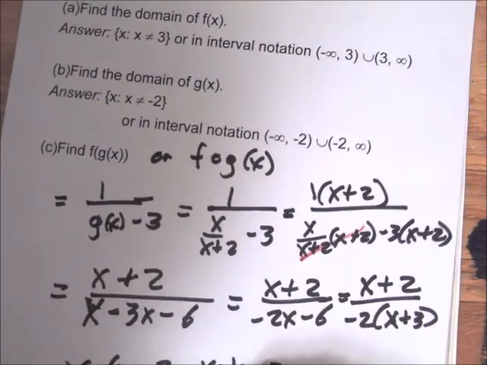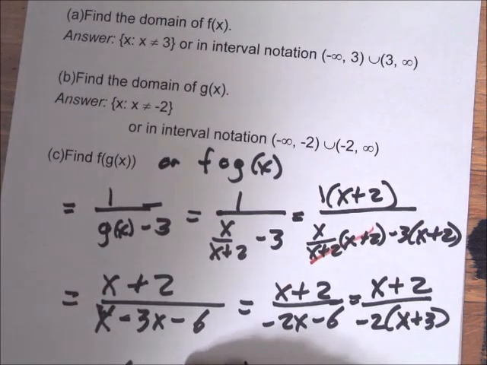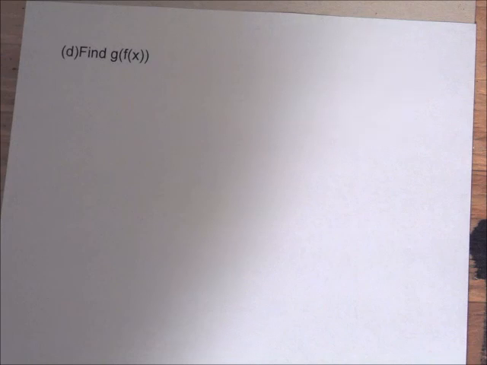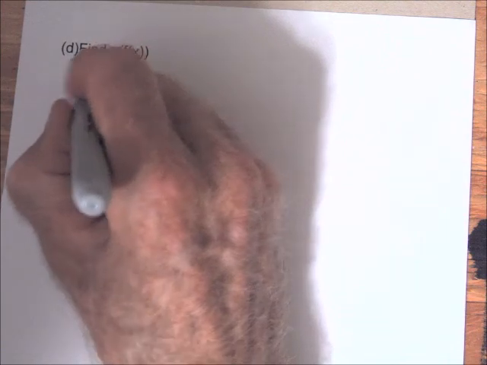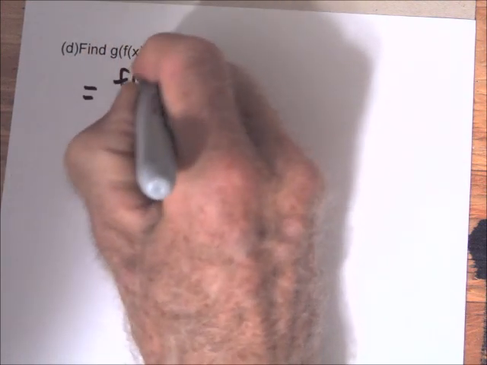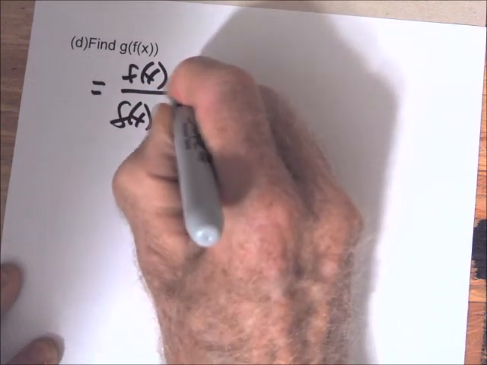Okay. In this function we had g as an inside function. We could also take g as the outside function and compute g of f of x. And in the formula for g now, wherever we see an x, you want to put an f of x. So this will be f of x over f of x plus 2.